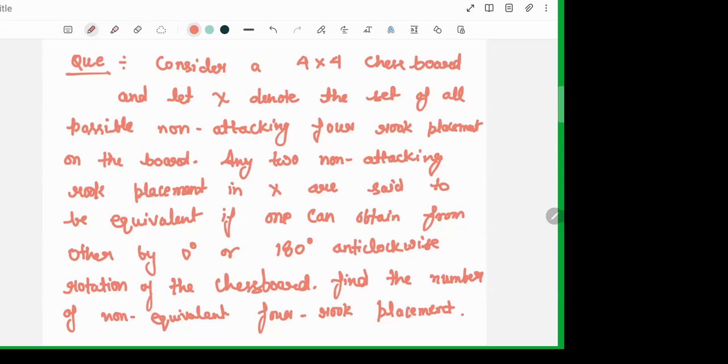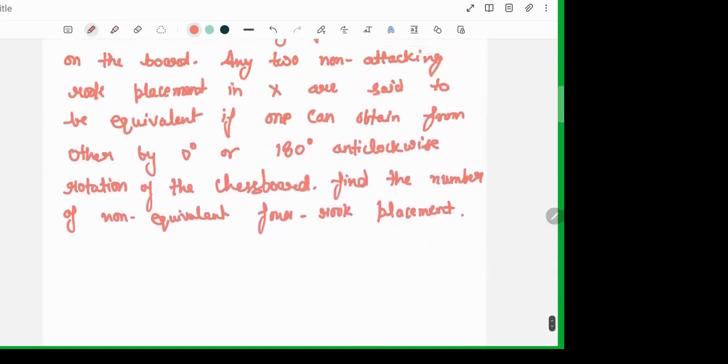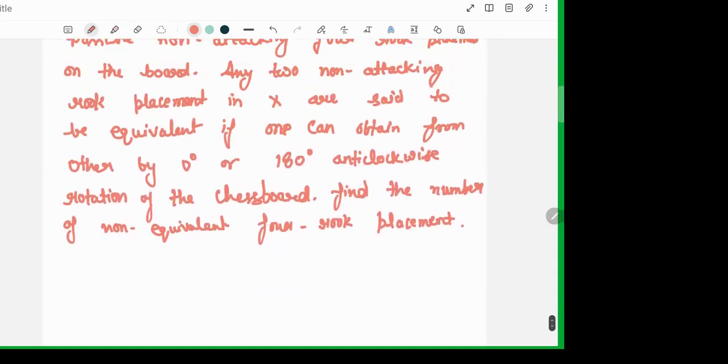We have to find the number of non-equivalent four rook placements. What do you mean by non-attacking rook placement? They are not in the same vertical or horizontal position. Okay, good. So let's do the problem.